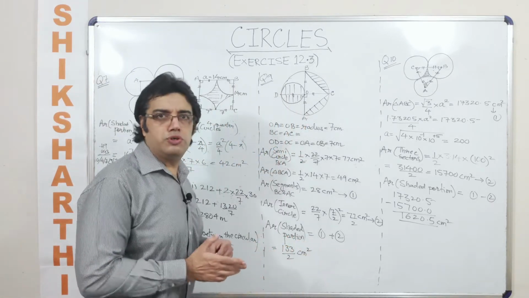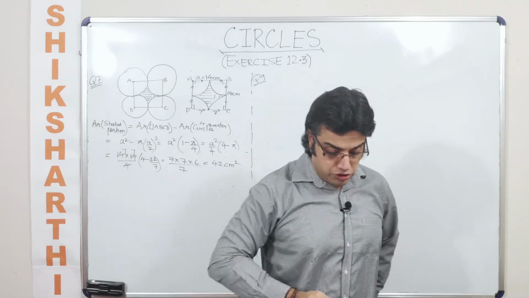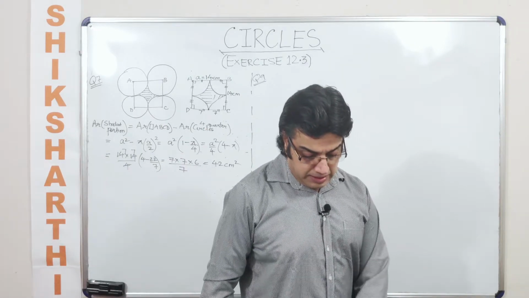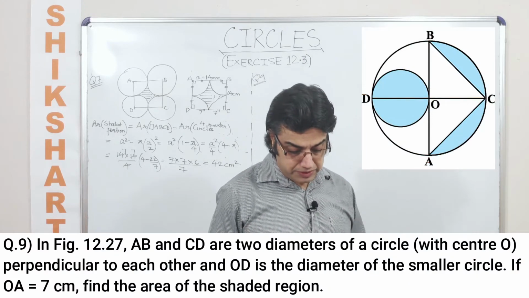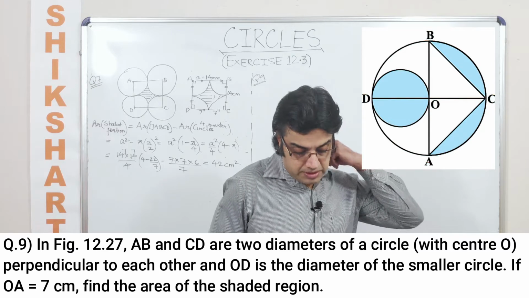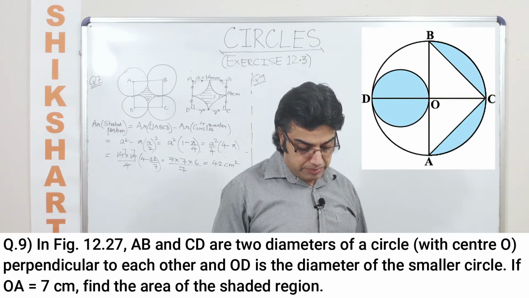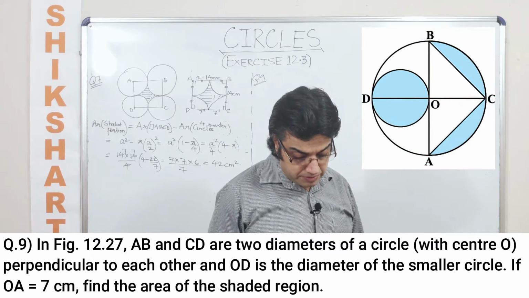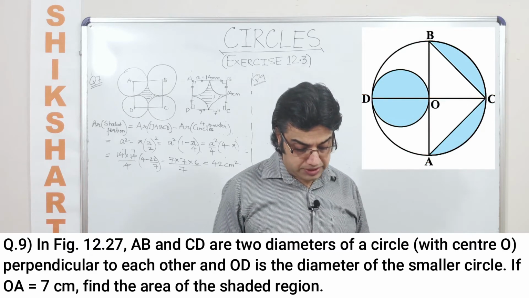Right? Let's move on to the next question. Talking about question number 9, in which they say that in figure 12.27, AB and CD are two diameters of a circle, which are perpendicular to each other, and OD is the diameter of the smaller circle.